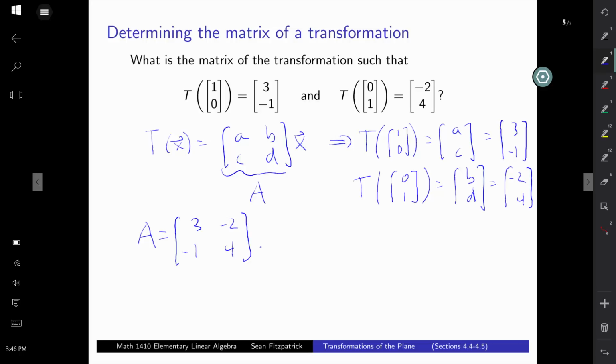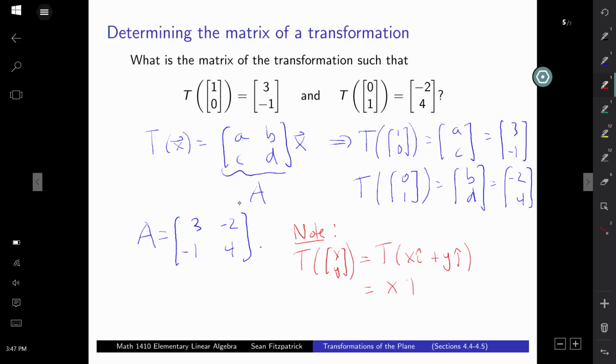So knowing the value of our matrix transformation on just those two vectors completely determines its value on every other vector. But that's not so surprising from the properties of matrix transformations. It's not surprising that those two vectors are all we need, because if I wanted to do t of x, y, I can think of that as x times i plus y times j, and now I use the fact that I can distribute that across the sum. x and y are scalars, I can pull them out.